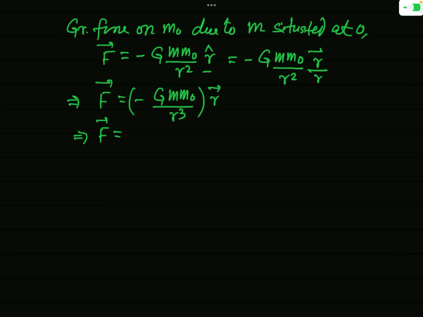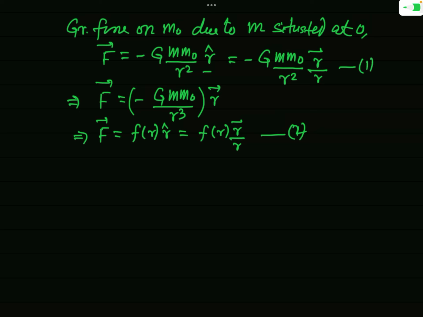So you can see that this F is equal to F of r times r hat, or equivalently you may say that this is F of r times r over r. In fact you can compare this equation. Let us say this is equation 2 and this is equation 1.